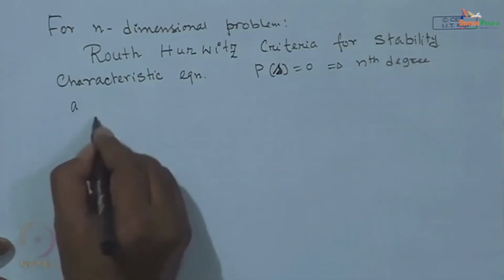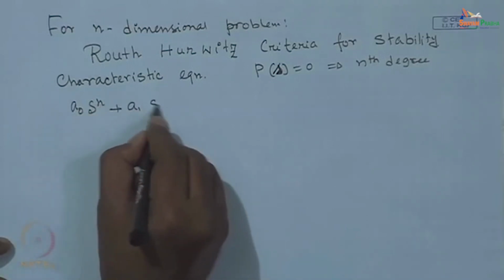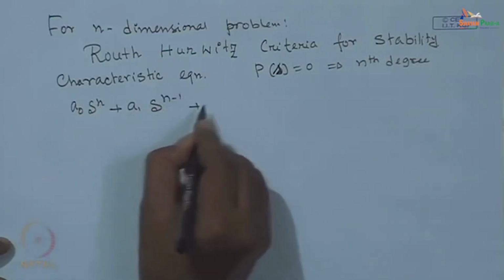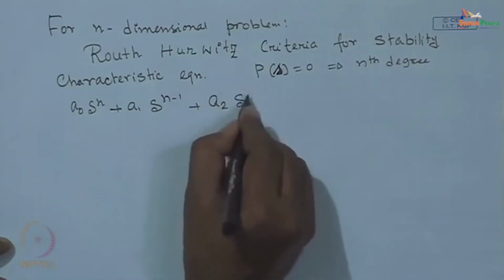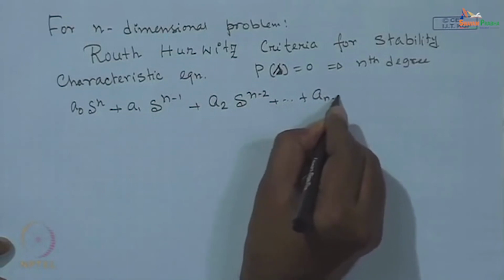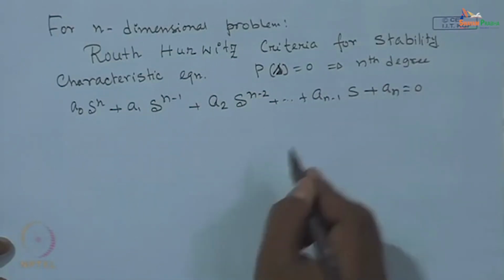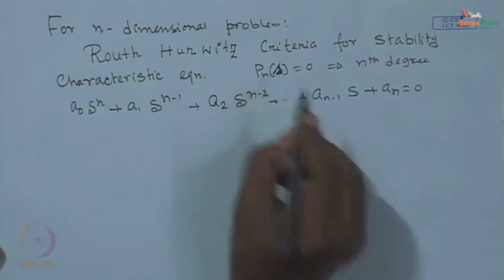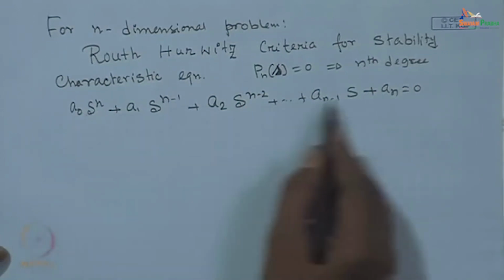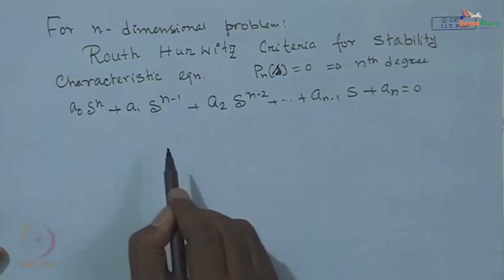So, this becomes a0 s to the power n plus a1 s to the power n minus 1 plus a2 s to the power n minus 2 up to a(n-1) s plus an is equal to 0. This is the nth degree polynomial, which becomes the characteristic equation of this particular problem.